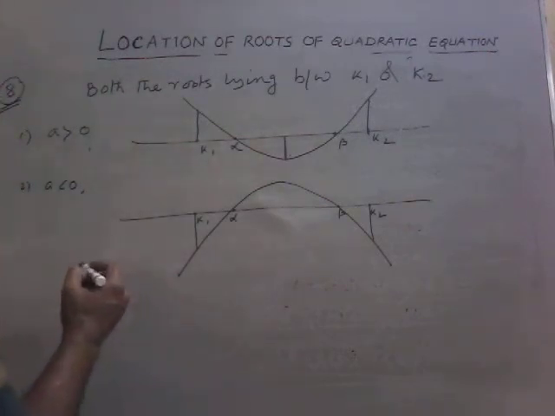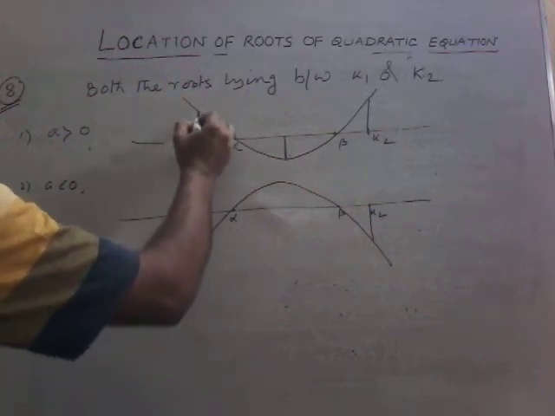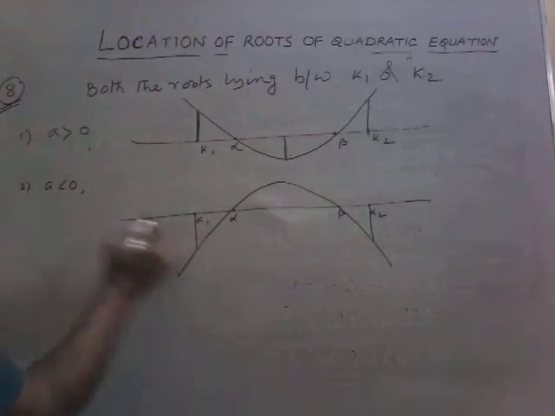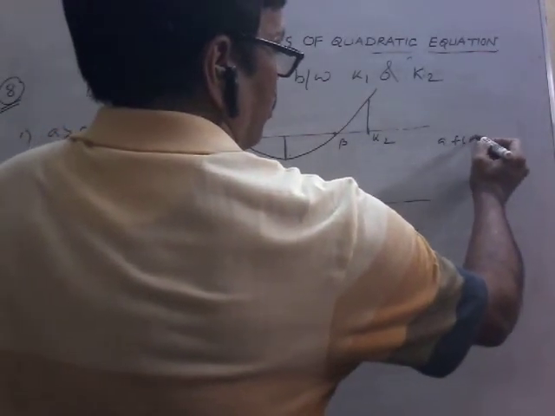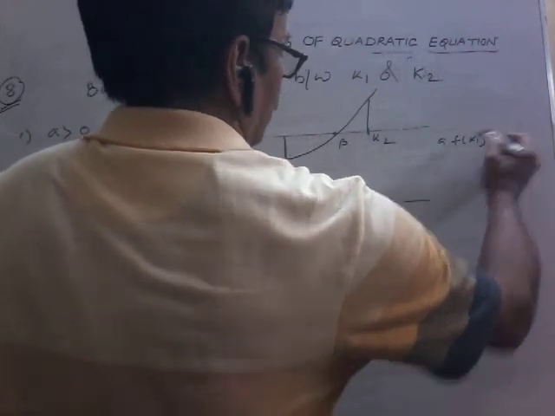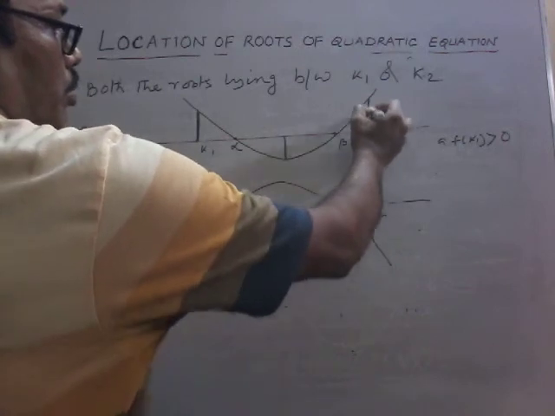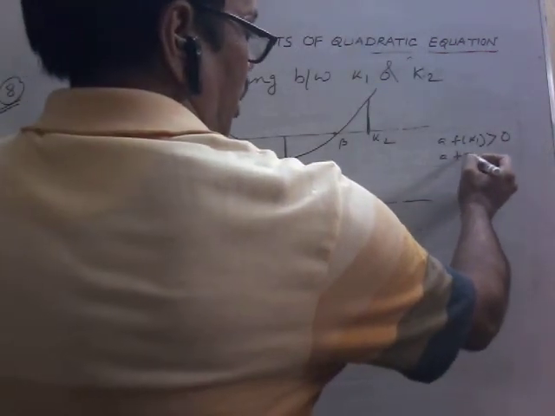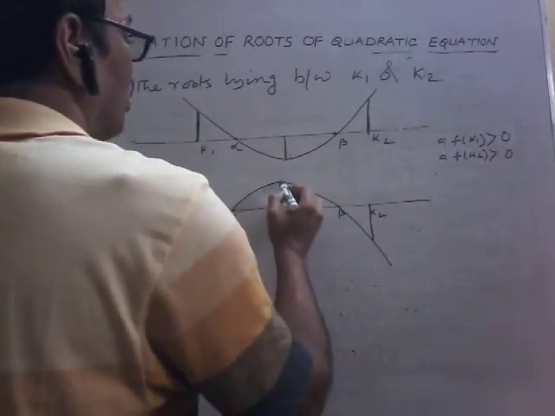Look, A into FK1, the condition is A into FK1 greater than 0. So A into FK2, this is positive, so A into FK2 greater than 0.